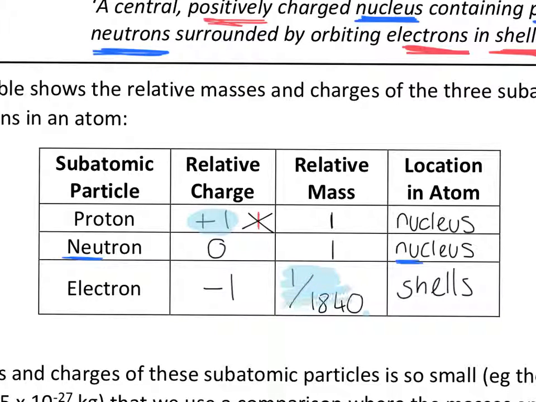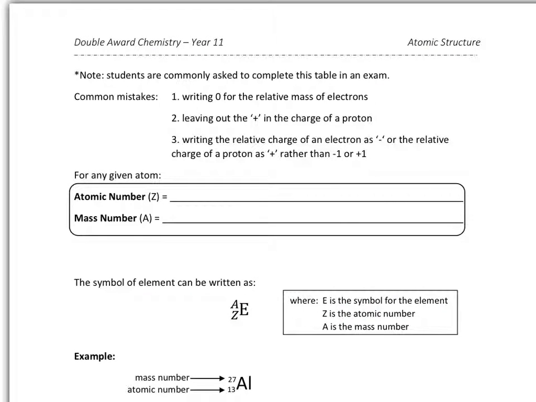As I emphasised, the relative mass is not completely insignificant. It is 1 over 1,840. But sometimes people write the mass of an electron as just equal to 0. And again, that is wrong. Those common mistakes are outlined in your notes at the top of page 3. Those are 3 common mistakes there for you to look at. So make sure you learn that table and learn it exactly the way it is.